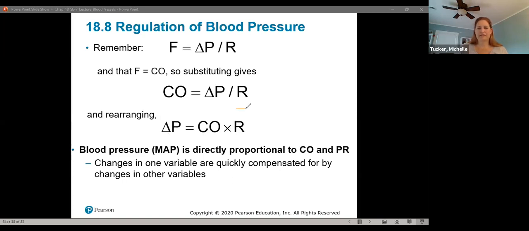So this resistance that we're referring to is total peripheral resistance. And then cardiac output is something by something. There are two variables that go into cardiac output.